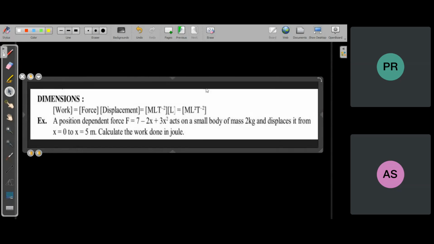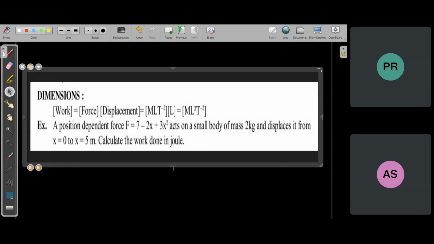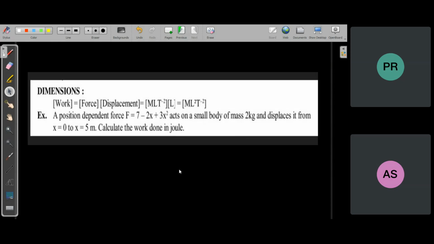The position dependent force is given. You can just explain the process, just write the equation. By integrating the force from the limits 0 to 5, we can get the work. What will you integrate?